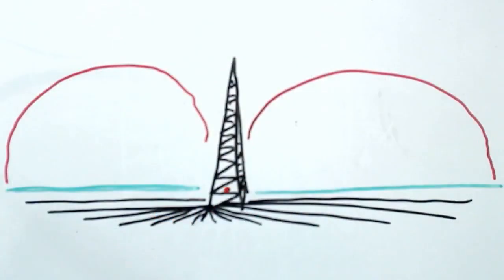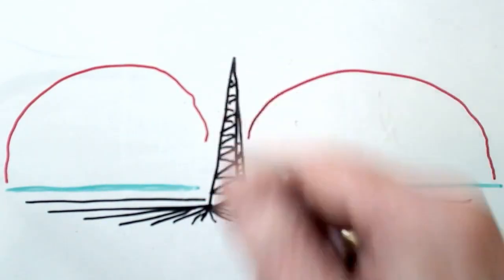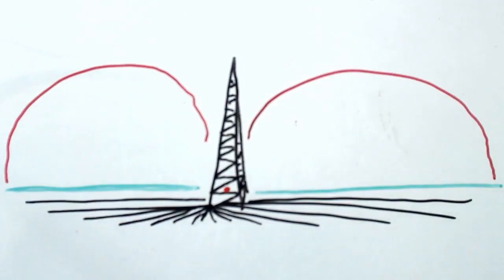So I'm going to show you what everybody aspires to as far as a monopole. Here the radiating tower sits above a field of radials. This is a ground line, the horizon.